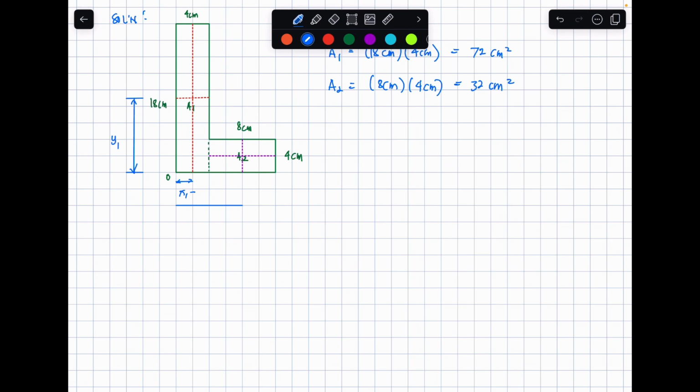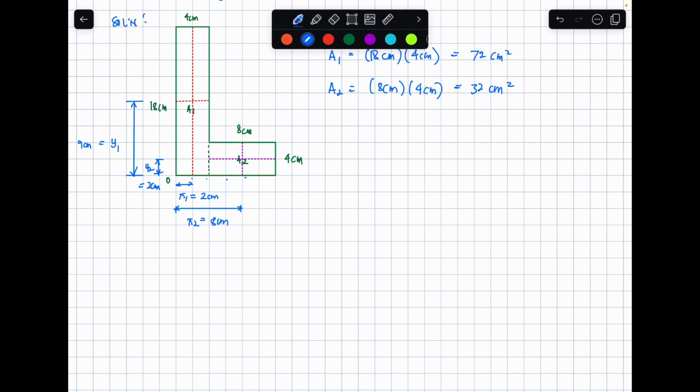As you can see here, x1 is 2 centimeters, and y1 is 9 centimeters. Our x2 then will be 2, 4, 6, 8. So 8 centimeters. While our y2 is equal to 2 centimeters.